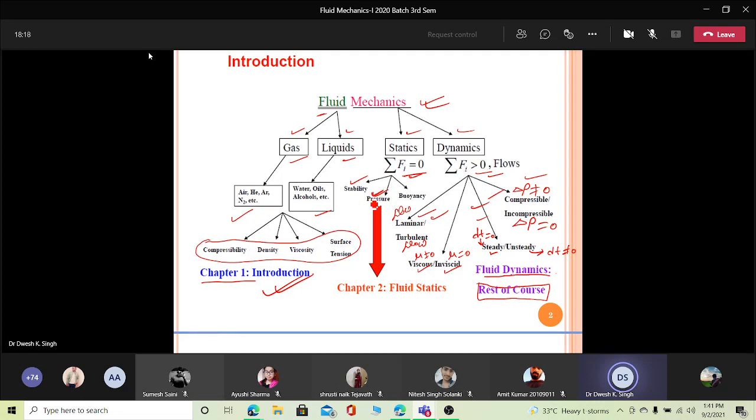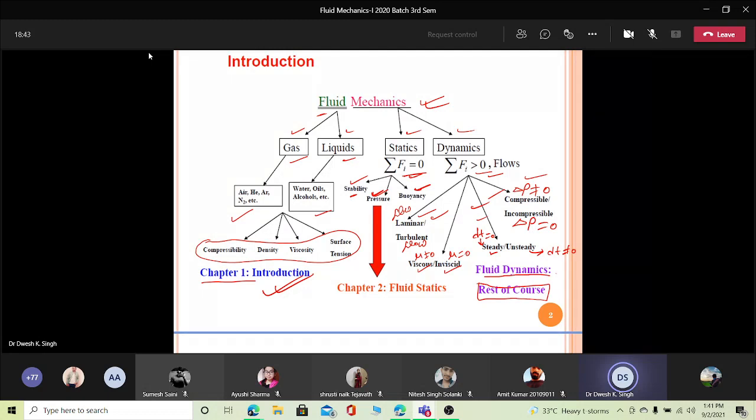Buoyancy also plays a role in the stability condition. What is buoyancy? It is an upward force, a thrust, which always acts in the upward direction. When you put any object in the fluid, you will feel that its weight is getting lower.